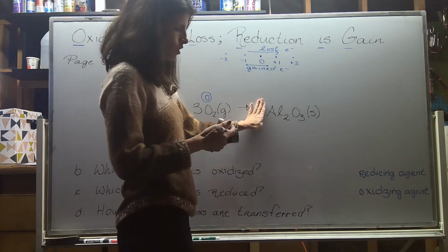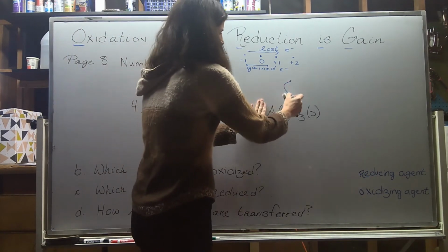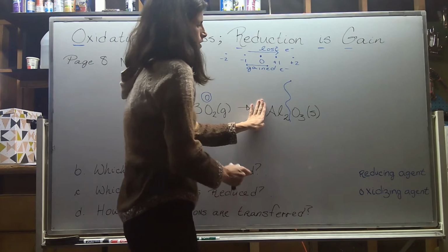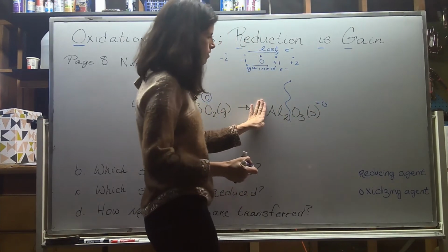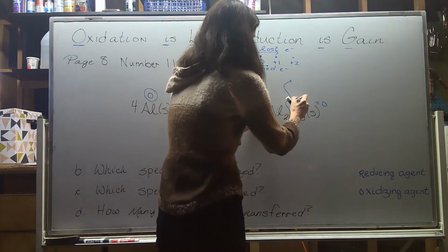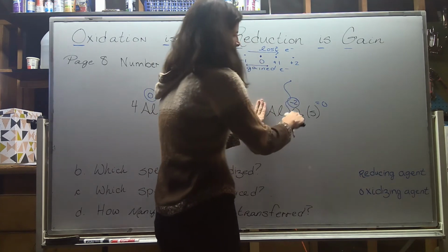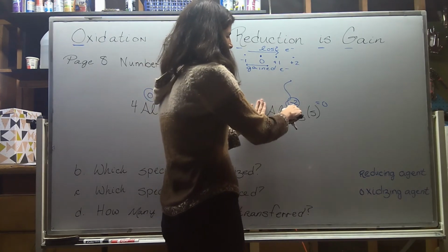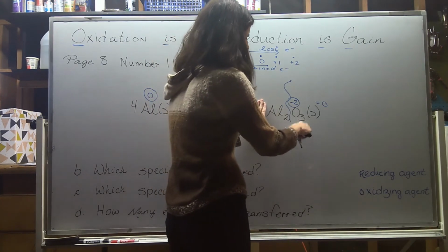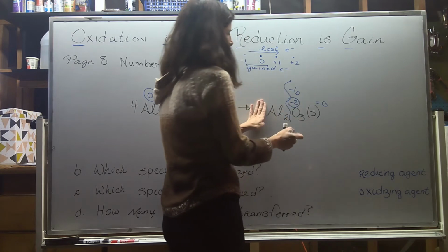Here, we're going to ignore the coefficient, but we're going to take the approach of splitting this in half. It's neutral, so everything internally has to add up to 0. I'm going to give the oxygen a -2 assignment because it's in a compound. And then I'll do -2 times 3. That gives me -6.